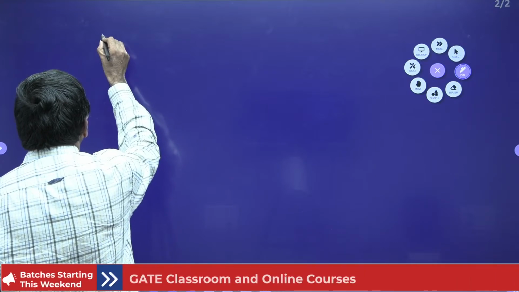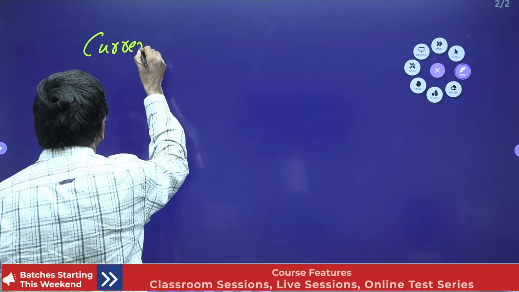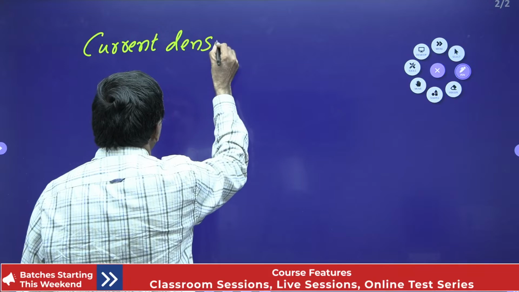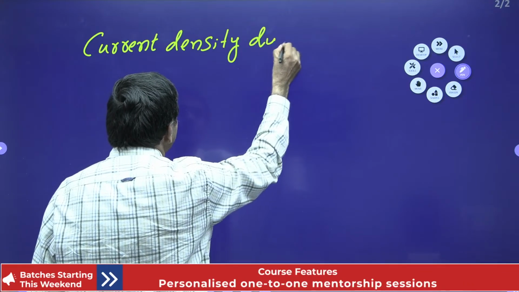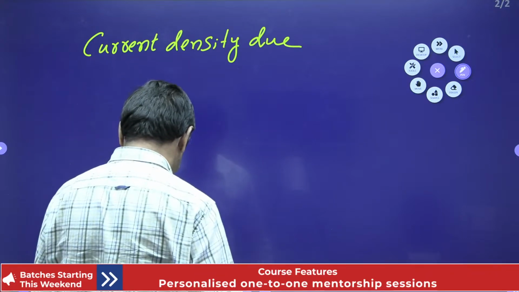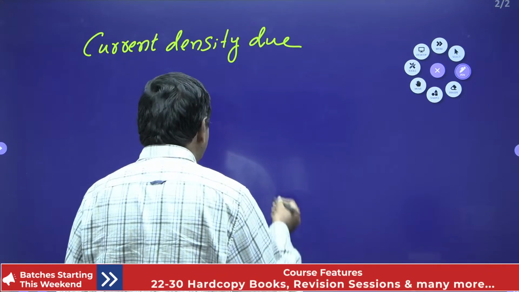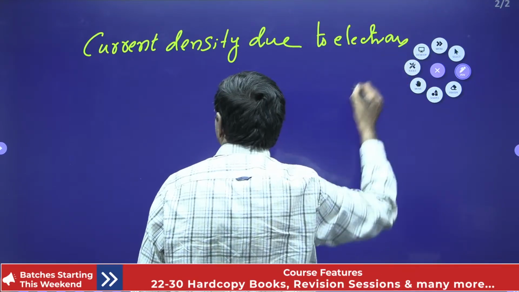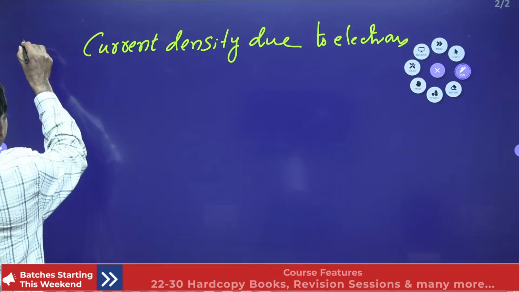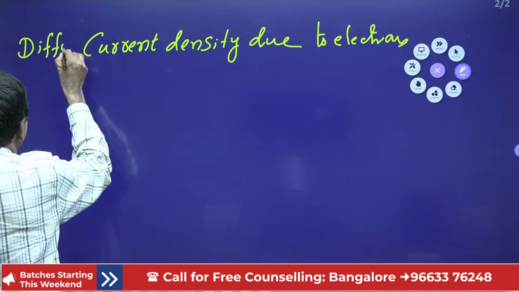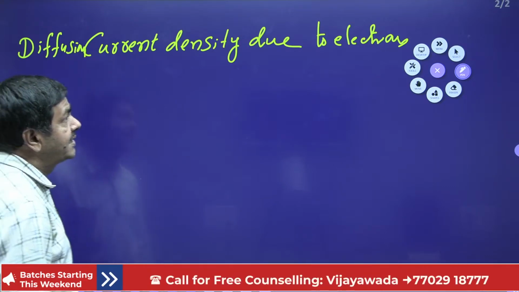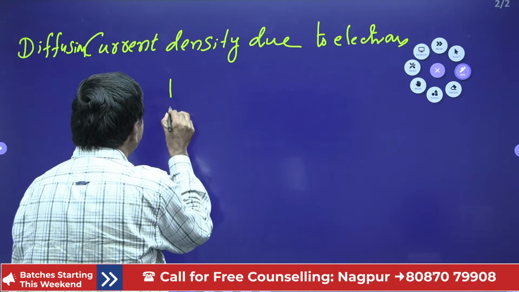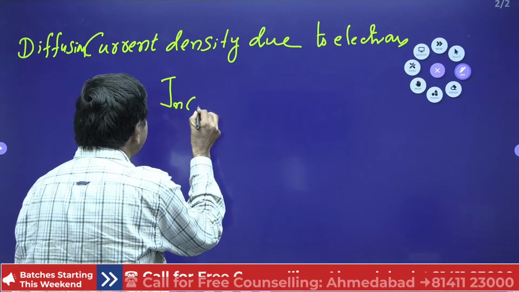Suppose it becomes necessary to use the current density due to electrons. Diffusion current density due to electrons, we can put J suffix n, which is nothing but due to the diffusion only.